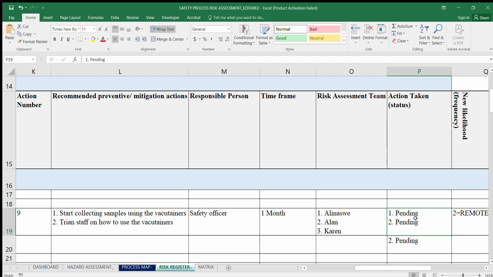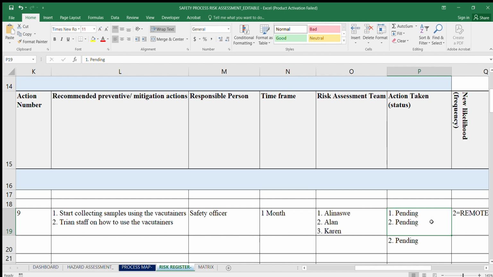Then after you train the staff on how to use the vacuum turners, you then start collecting samples using the vacuum turners. So at this point, maybe it's just a day or 2 days, and you don't have these vacuum turners in place, therefore these will be pending. And then maybe after a month, so you've given yourself a month to implement this.